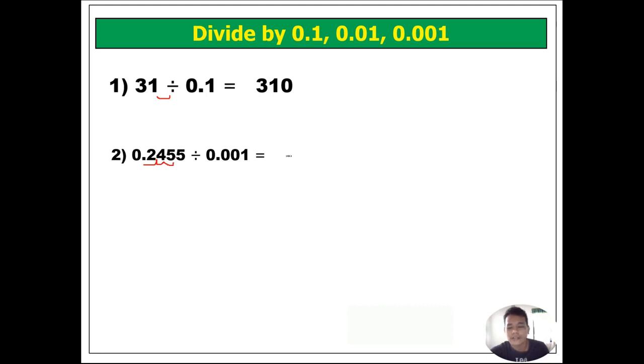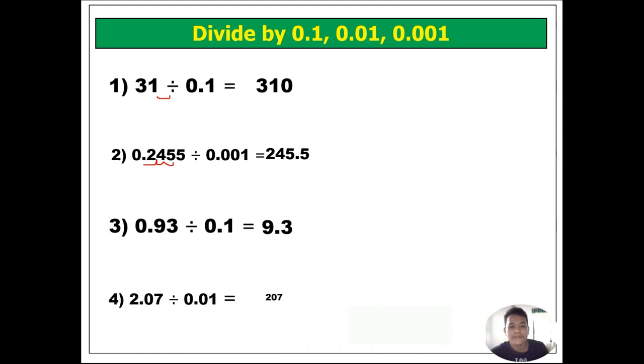So the answer is 245 and 5/10. Number 3, 93 hundredths divided by 1/10. So just move 1 decimal place to the right. So that is 9 and 3/10. And continue checking. Number 4, it's 207.